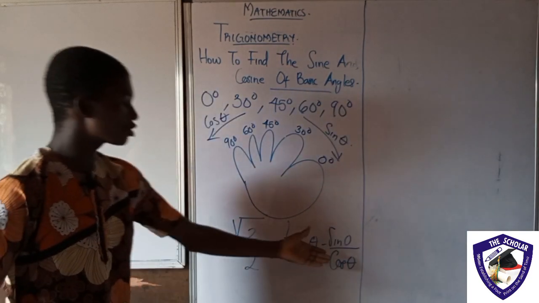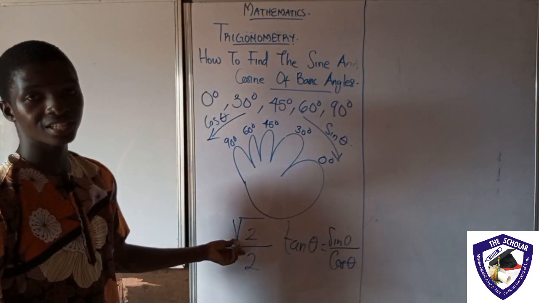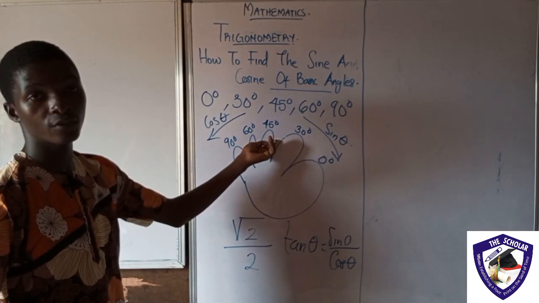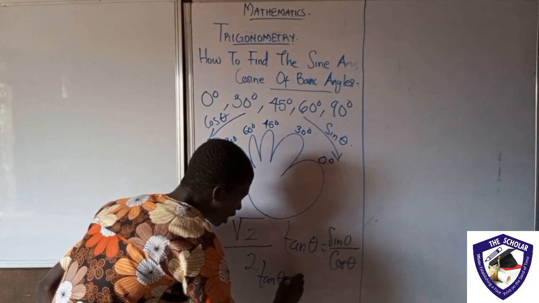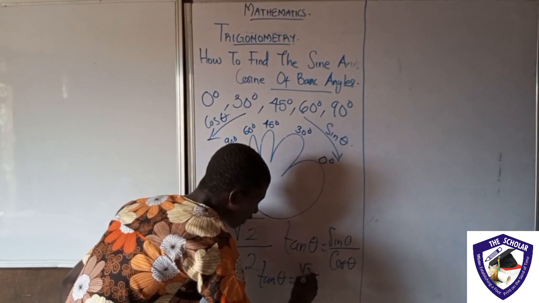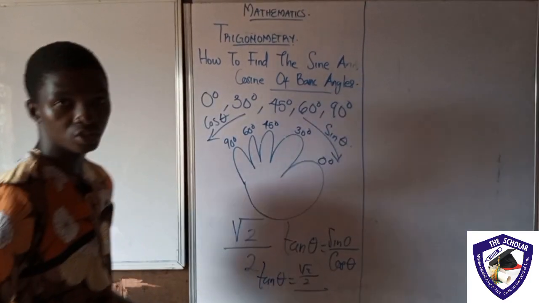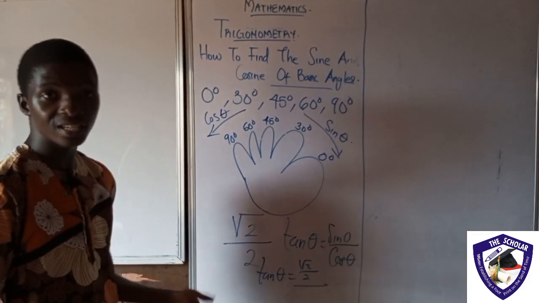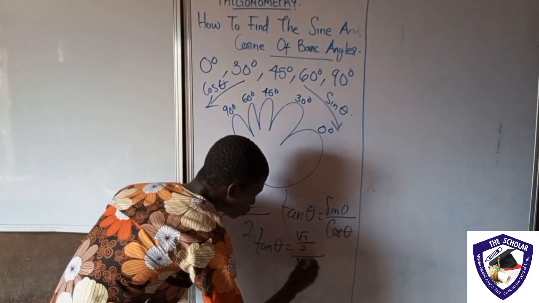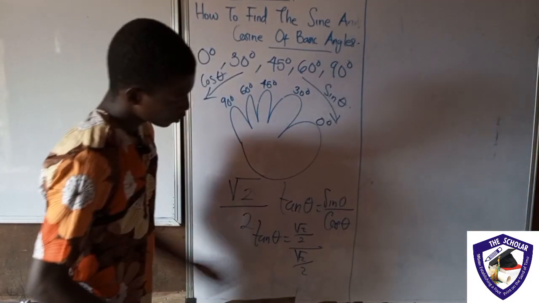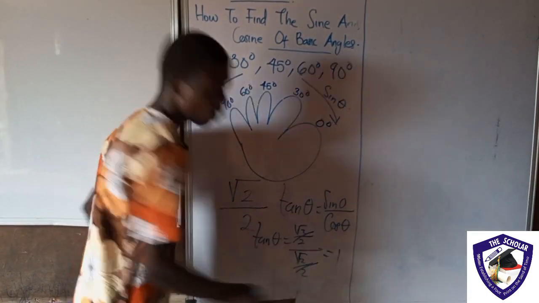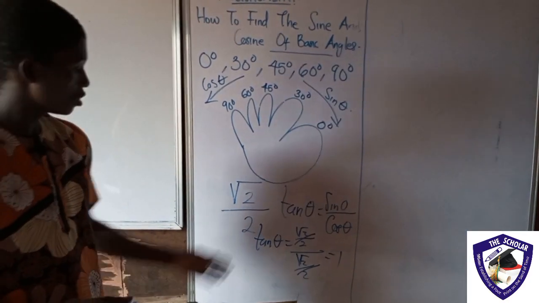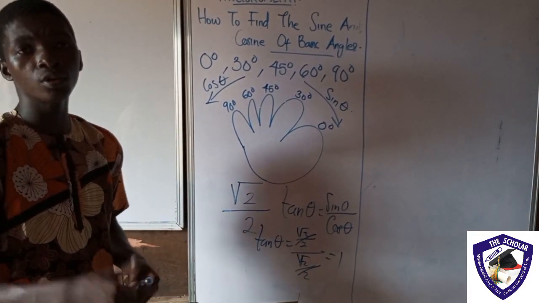That means for sin 45, which is root 2 over 2, your tan theta will be root 2 over 2, then your division sign, and your cos theta is the same, root 2 over 2. Root 2 over 2 divided by root 2 over 2, we eliminate and it gives us 1. If you punch your calculator, tan 45, it will give you 1.